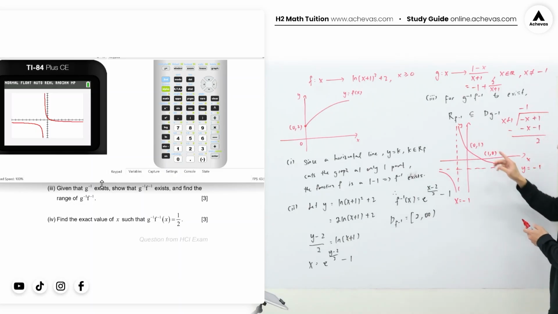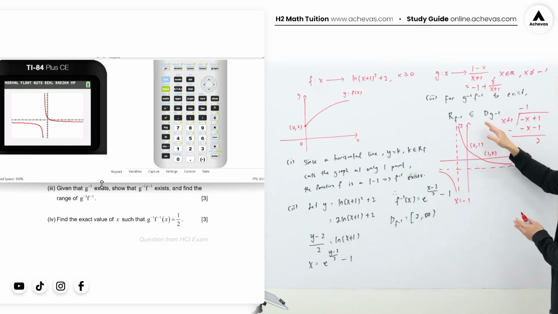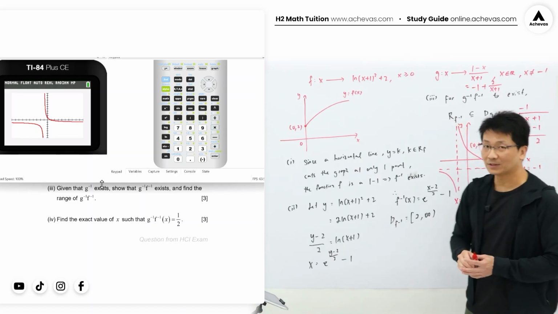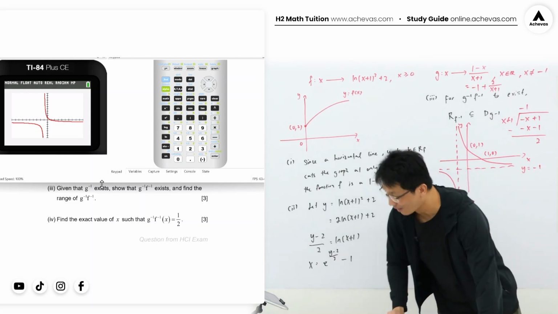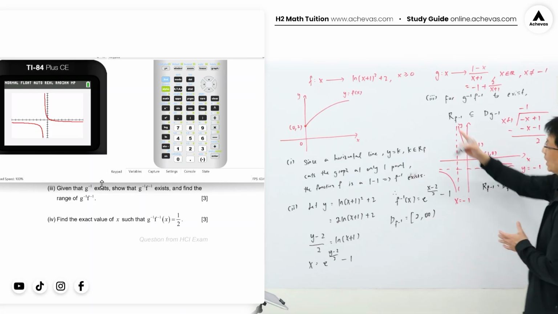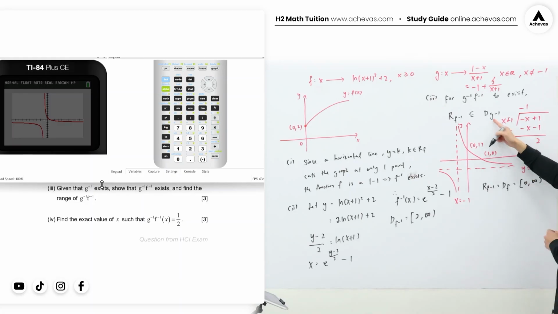So with this, actually we can write down what will be the range of my F inverse and the domain of my G inverse. The range of my F inverse actually follows the domain of F. Let me just write down here, range of F inverse follows the domain of F, which we already have, which is from 0 all the way to infinity. As for the domain of G inverse, it follows the range of my G, which is from this graph here.